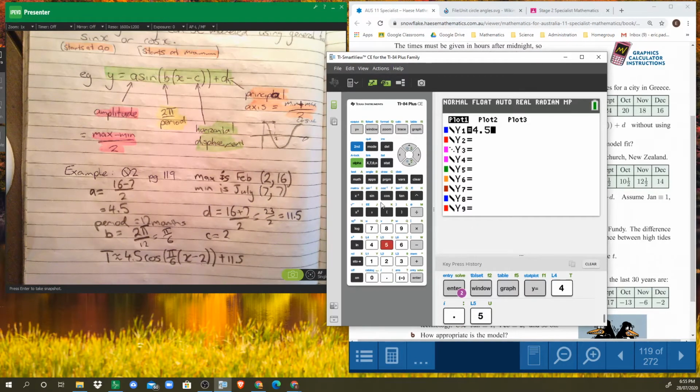So 4.5 cosine, where's my pi? My pi is there. Pi on 6. I'll put another little bracket in here.